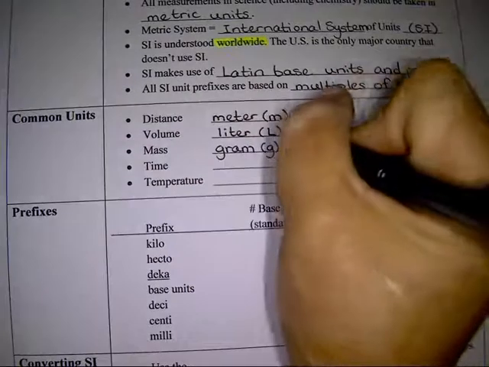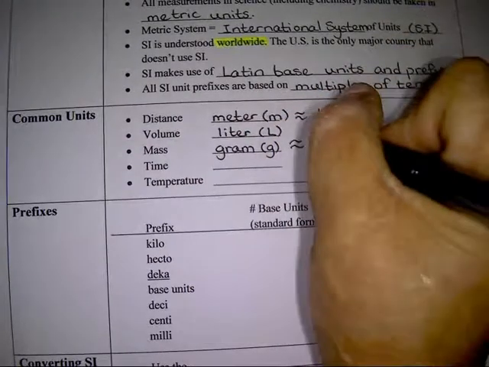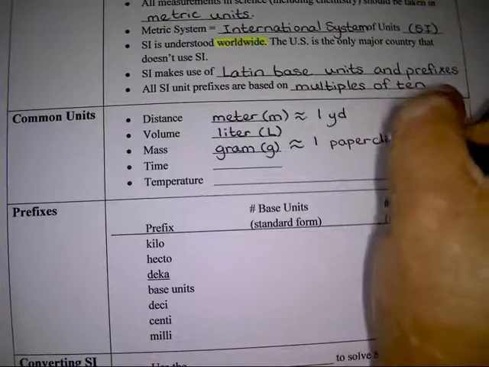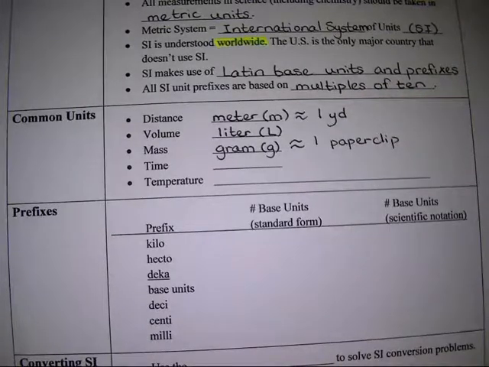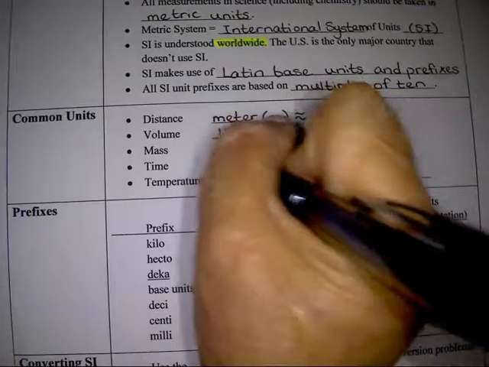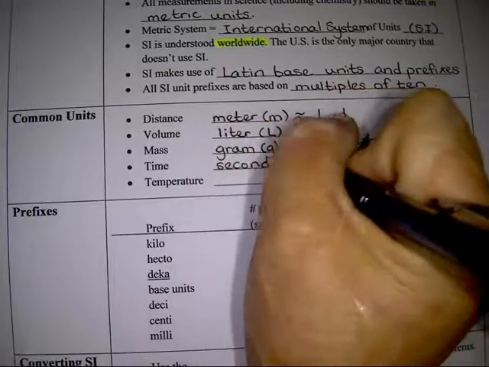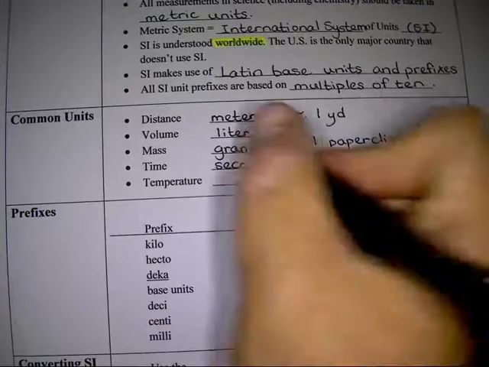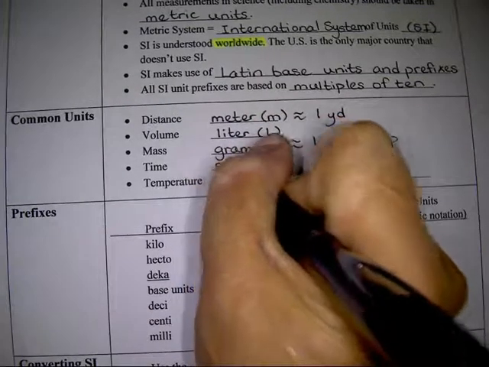Now, gram is a very, very small unit. It is about the weight of a paperclip. Okay, and time is usually measured in seconds. Now, we use S as the abbreviation for seconds. And then with temperature, we use 2 units.